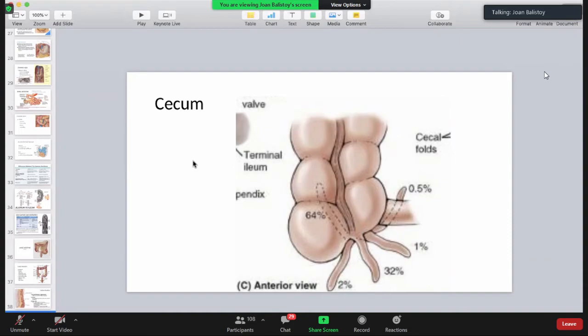It is where your appendix is located. Do you see this? These are the possible locations of the appendix. The cecum has no mesentery because of its relative freedom. Okay? And the appendix, which is called vermiform appendix because it looks like a worm, arises at the posteromedial aspect of the cecum.